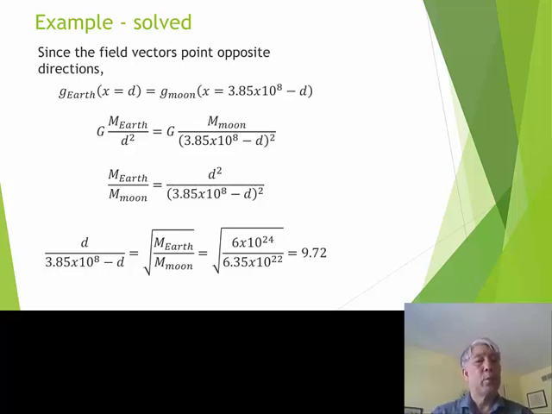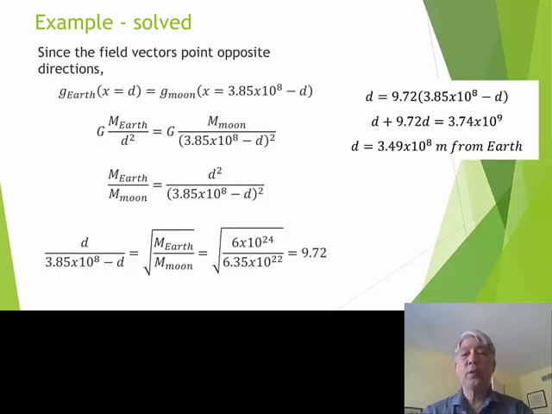So remember, we put both masses on one side, both distances on the other side, and take a square root. I'm left now with d over 3.85 times 10 to the 8th minus d equaling 9.72 when I use the masses of the Earth and the Moon.